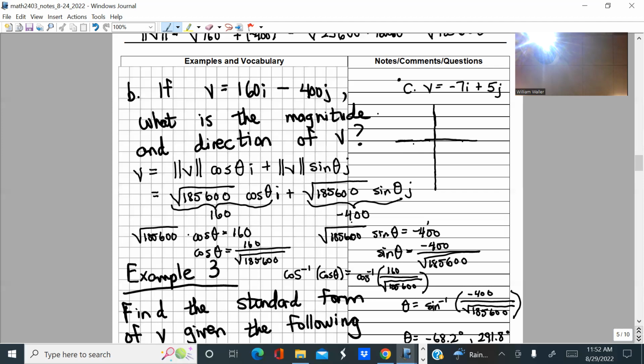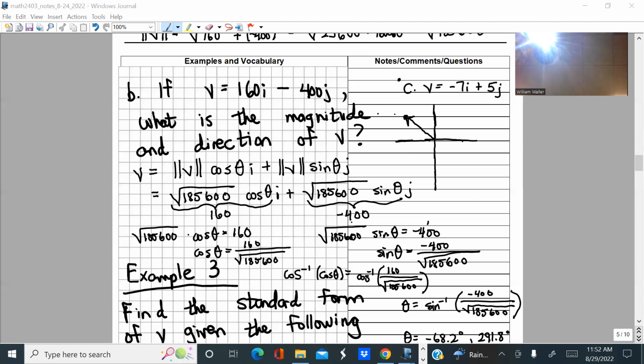So minus 7i plus 5j. We can count off minus 7 in the horizontal direction, and then go up 5 in the vertical direction. So we'll end up somewhere up there, depending on the scale on our axes. So there's the vector.